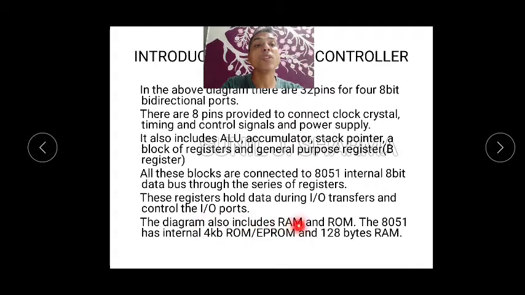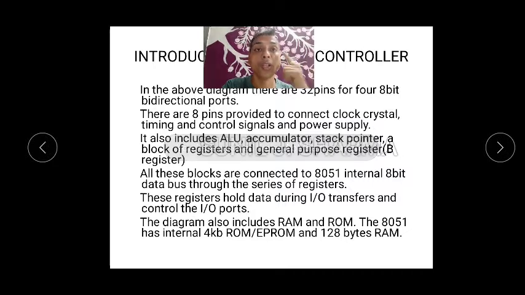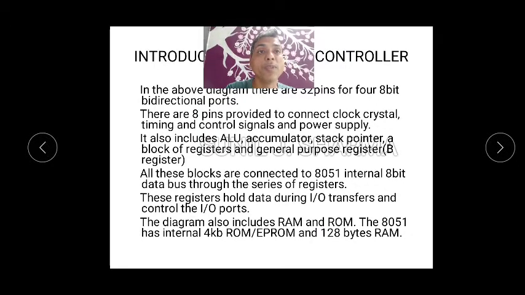The diagram also includes RAM and ROM. The 8051 has internal 4 KB ROM or EPROM and 128 bytes of RAM. Now this was the explanation of that diagram. Sometimes they tell you to only draw the diagram, which will be for 3 marks, and sometimes they tell you to draw and explain.